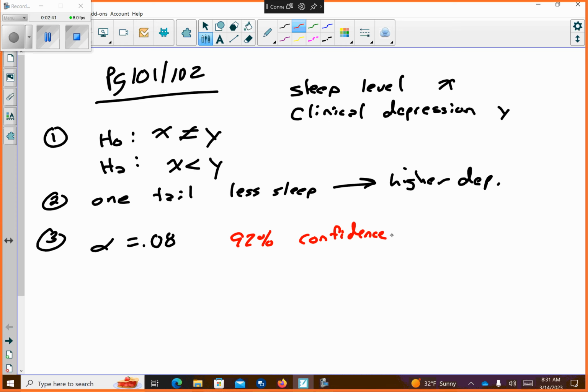So that's basically what we're looking at, because 92% plus 8% is 100%.